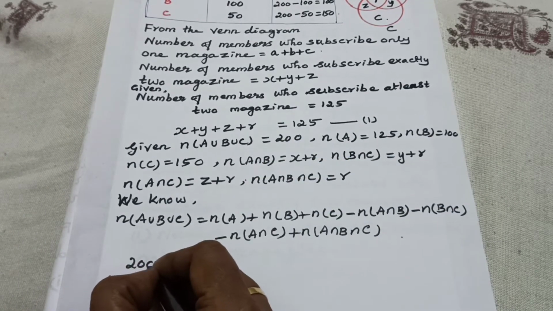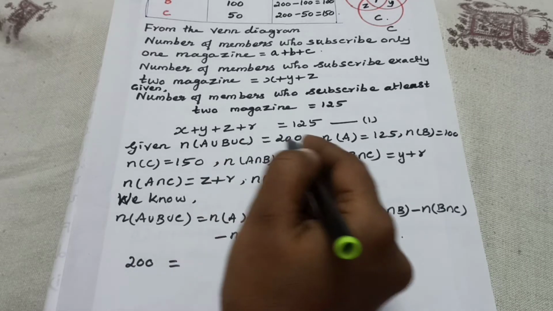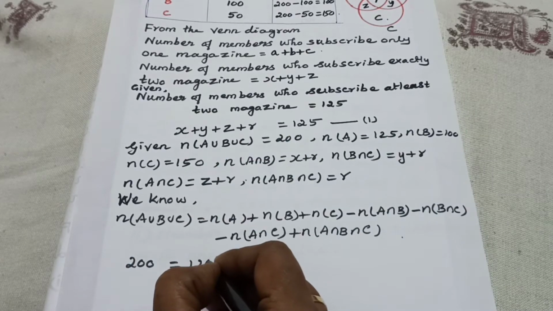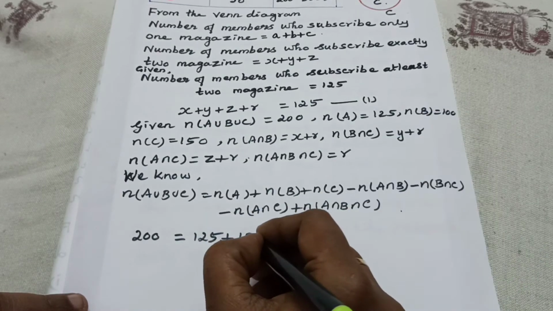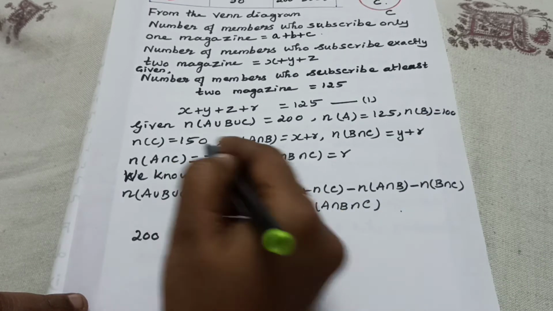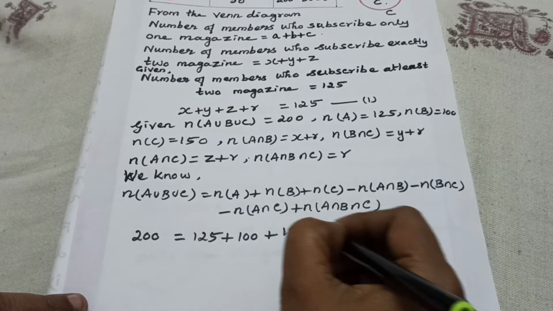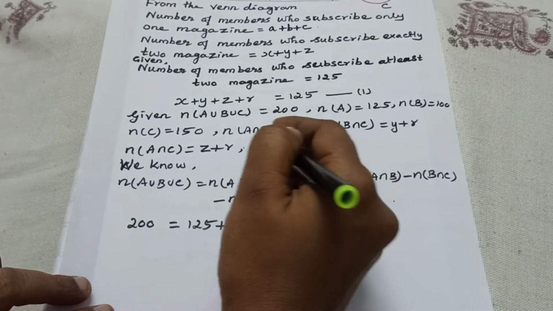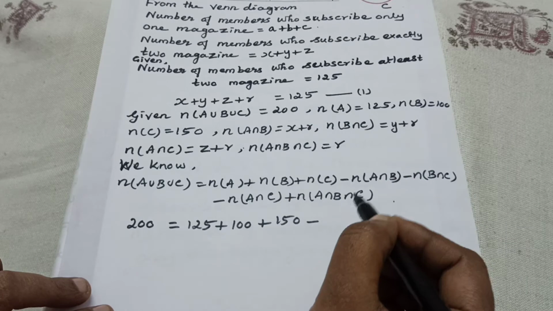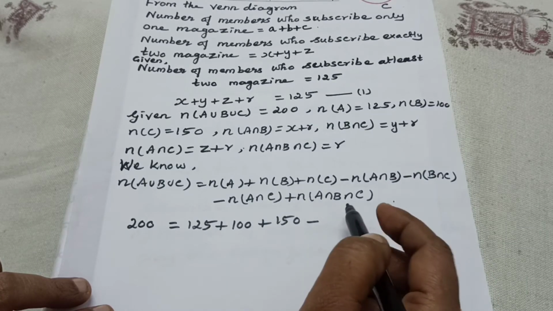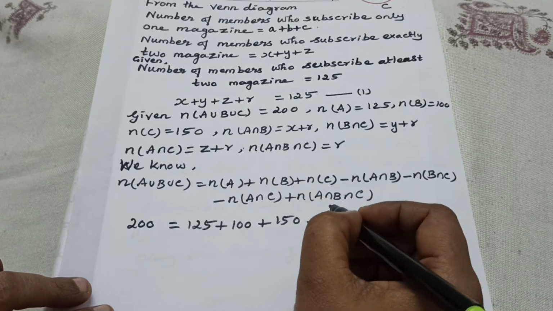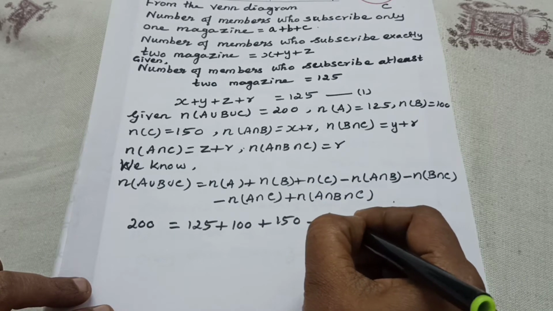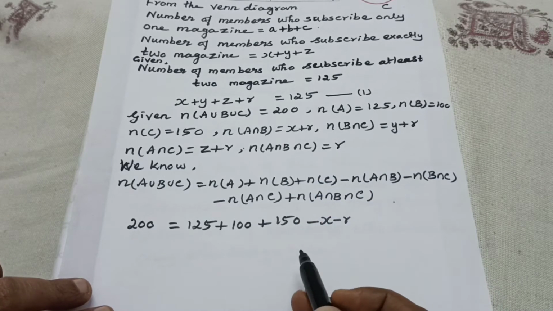N of A union B union C, you know, isn't it? 200. 200 is equal to n of A is 125, plus n of B is 100, plus n of C is 150, minus n of A intersection B. That means minus of X plus R, that means minus X minus R. Have you understood?